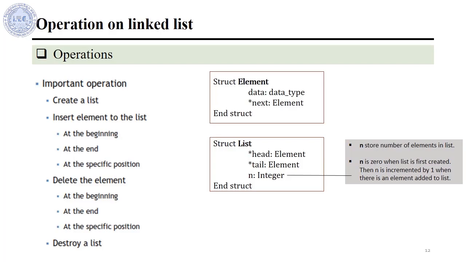We should create a list which consists of a head and a tail, where the head of the list is and where the tail of the list is. In addition to this, we also have an integer variable n, which is used to store the number of elements inside the list. Basically, when the list is first created, the value of n is 0, and when we add a new element, the value of n keeps increasing one by one.